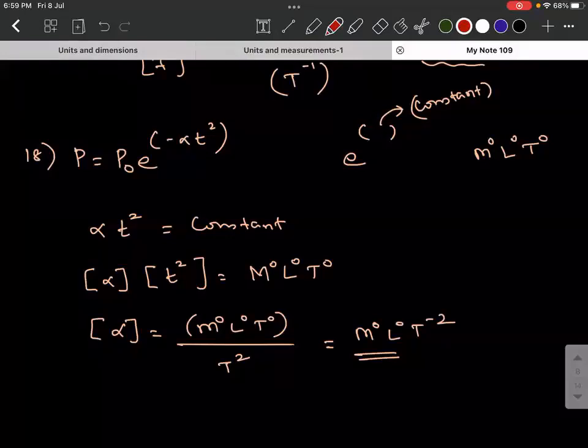So it's called a function. Clear? So this is one such problem.